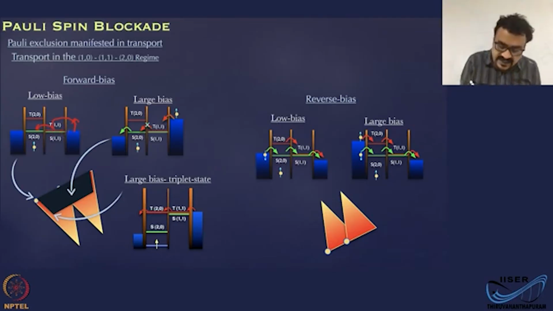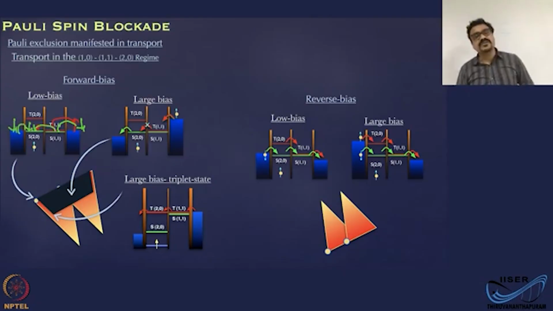This is the drain side according to our notation. So this can go back to the Fermi level and another electron can fit with a spin down. That easily can tunnel in, and eventually it can go here.